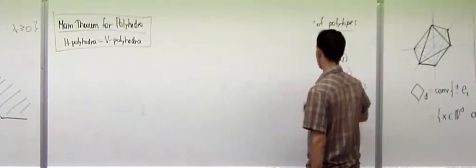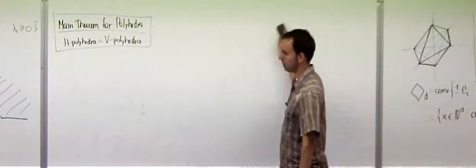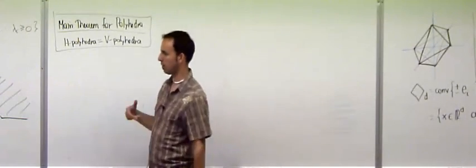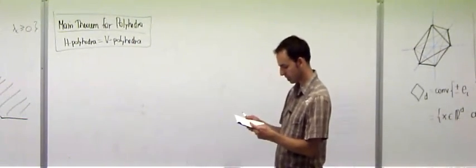So anything that you can describe in terms of inequalities is also a Minkowski sum of a polytope and a cone, and vice versa. Okay?